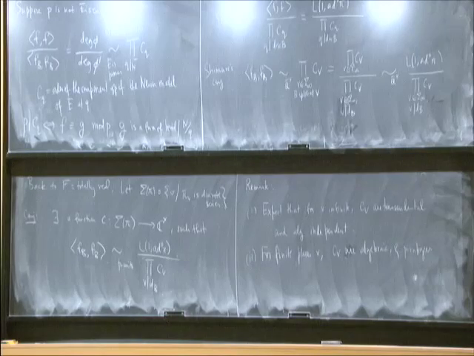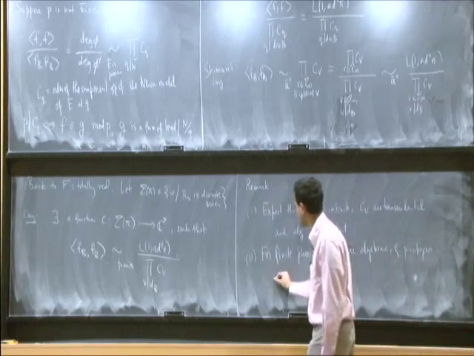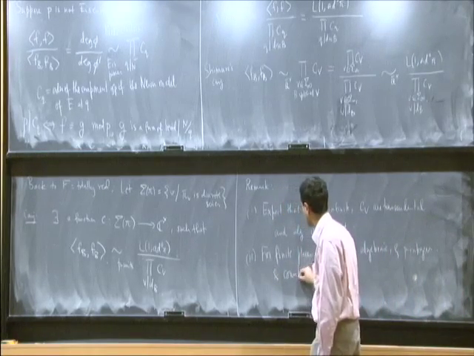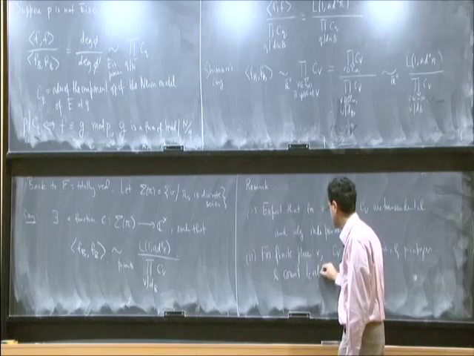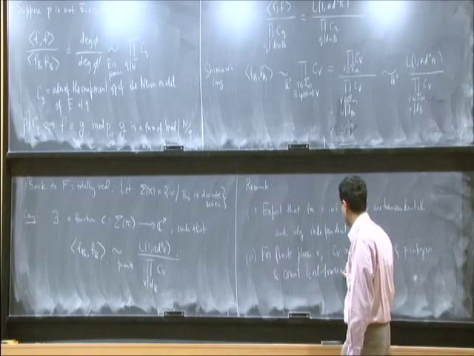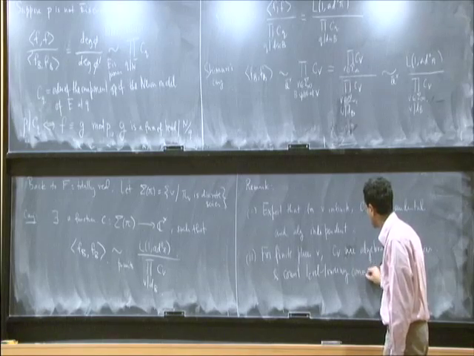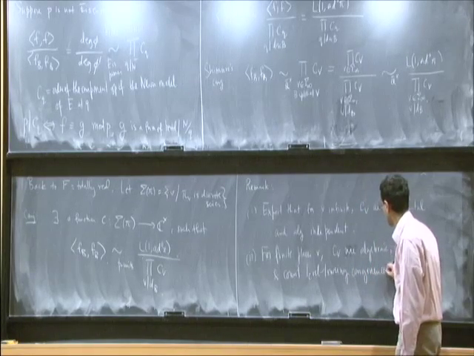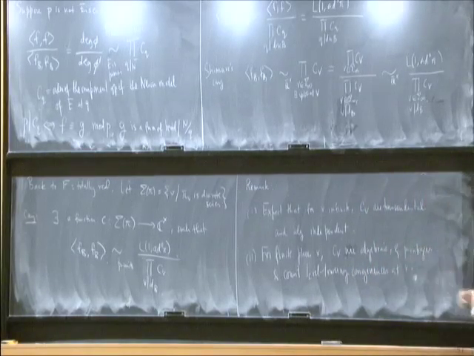Okay? And further that these should count congruences and count level lowering congruences at V.